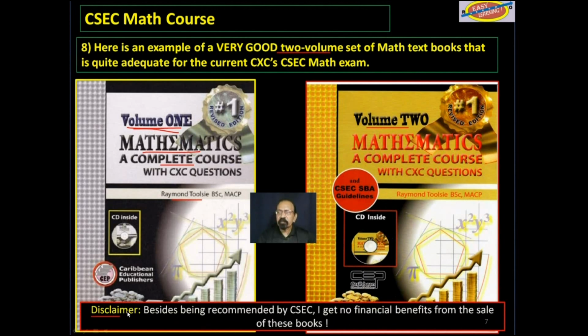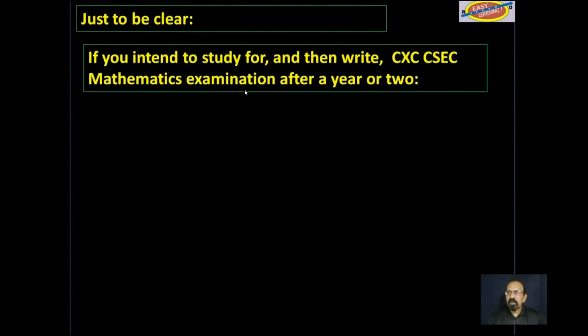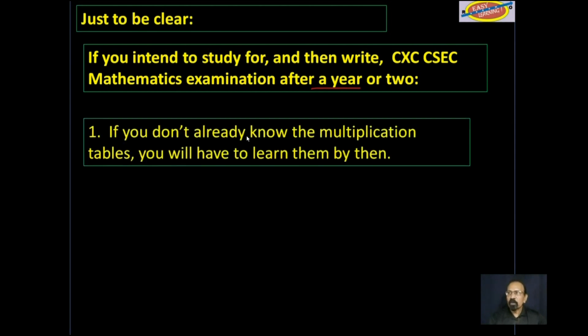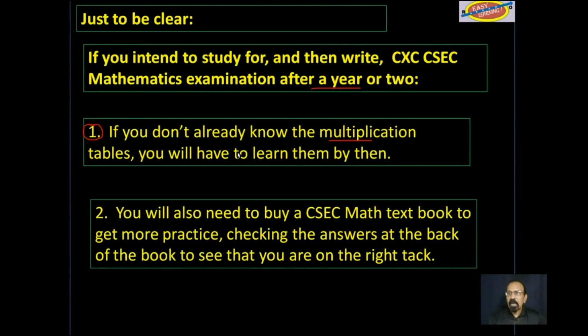Disclaimer. So if you intend to study for and write CSEC Mathematics exam after a year or 2, keep in mind 2 things. You need to know the multiplication table if you don't know it already. And you will also need to buy 1 or 2 CSEC math textbooks.